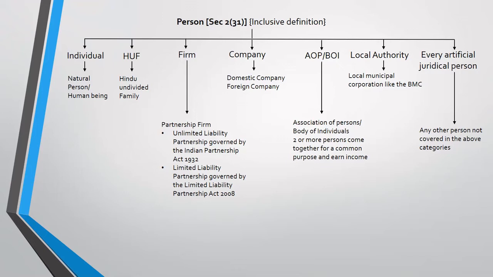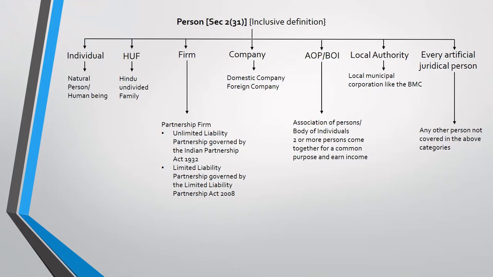So here you can see 7 categories of persons. So when two or more people from this category of persons come together, it is association of persons. Whereas in case of BOI, two or more individuals, when they come together, that is known as a BOI, body of individuals.